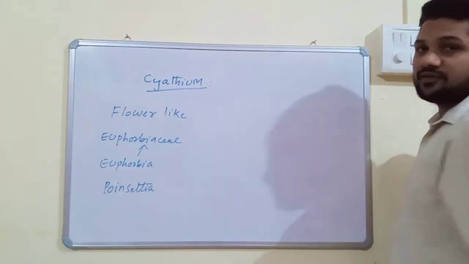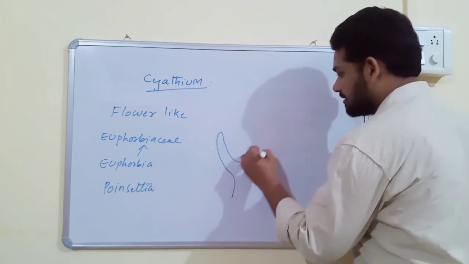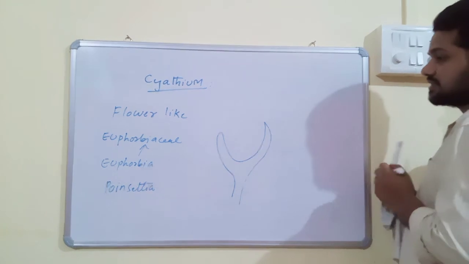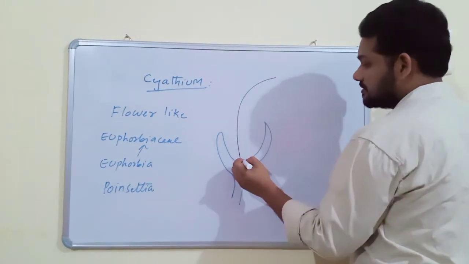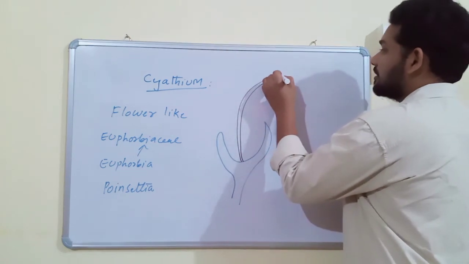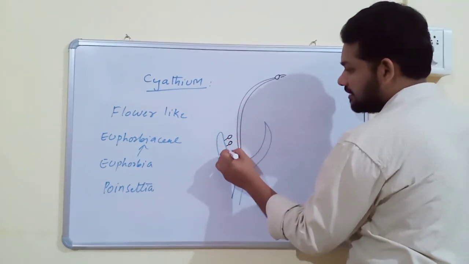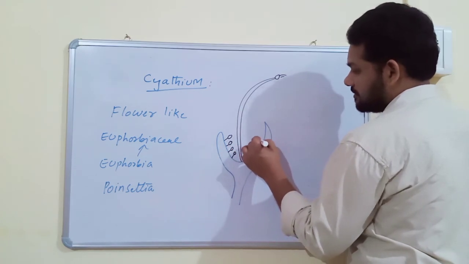In cyathium inflorescence, the peduncle is modified into a deep cup-like receptacle. Internally, this deep cup-like receptacle has a large single female flower, and this large single female flower is surrounded by many pedicellate male flowers.